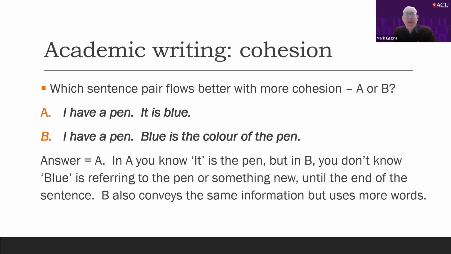Also notice that B is the same information, but it's more words. And it's not a good idea to have more words for the same information because in terms of academic writing, it's better to put other important information there.